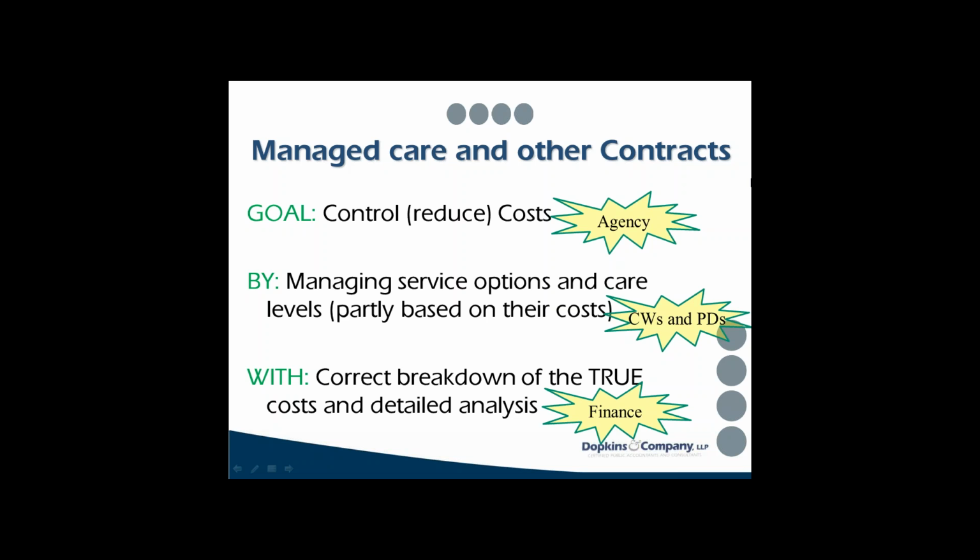And how are they going to do that? They're going to do that not just by examining outcomes and examining service levels and making decisions, but making decisions on a cost-aware basis. 2 alternative courses of treatment or care are not the same if they cost differently. Doesn't mean the more expensive one is better or worse.